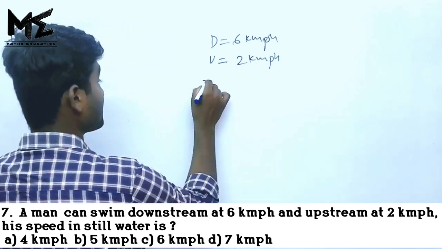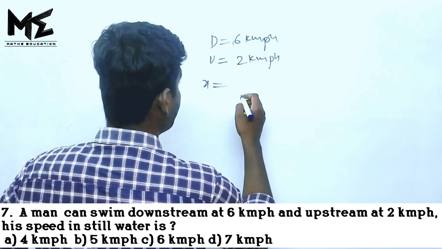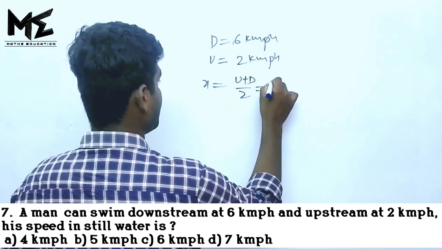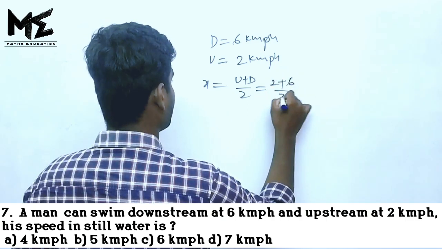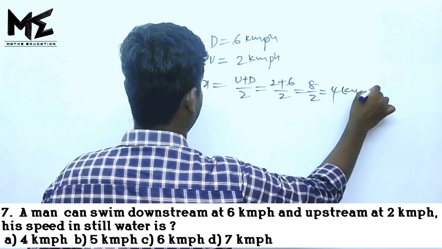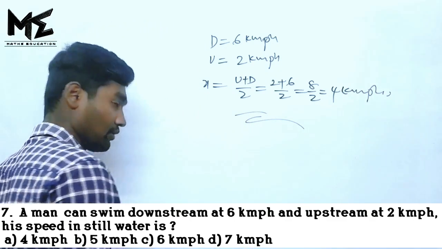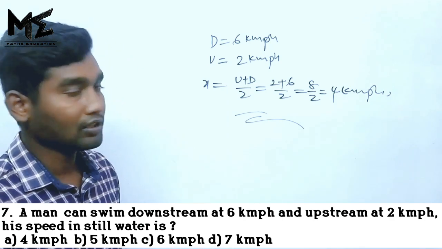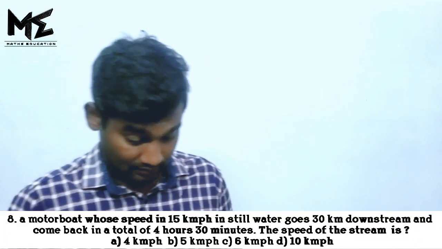His speed is x. X equals to (u plus d) by 2. U is 2 plus d is 6 by 2, which is equal to 8 by 2, which is equal to 4 kilometer per hour. So the man's speed in still water is 4 kilometer per hour.